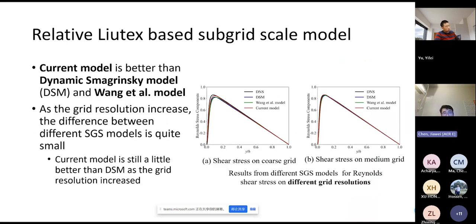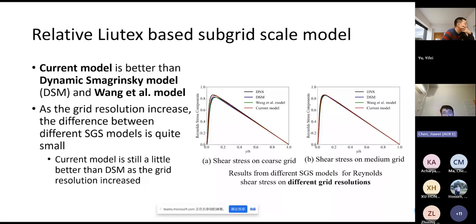And now let's look at the performance. These plots compare Reynolds shear stress predictions from different subgrid models against the DNS data. For our current model, it is shown in red, and it performs better than both the dynamic Smagorinsky model and the original Liutex model.